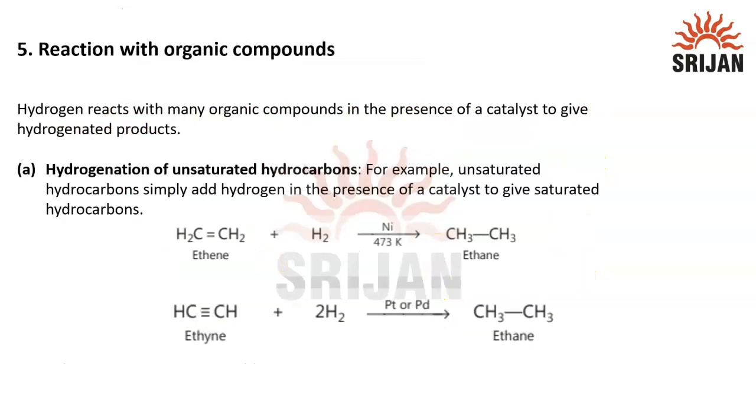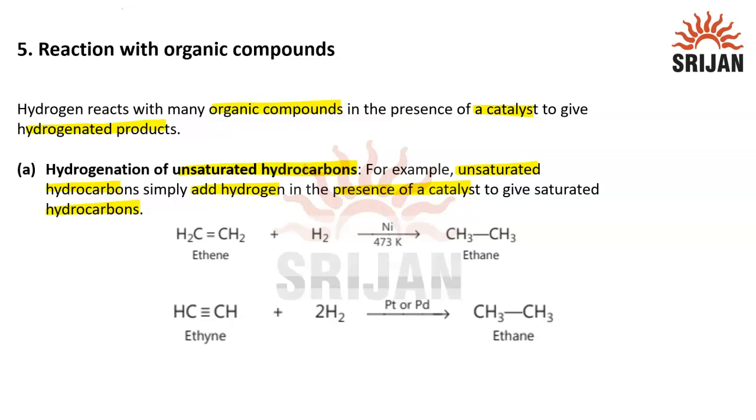Reaction with organic compounds. Hydrogen reacts with many organic compounds in presence of a catalyst to give hydrogenated products. Hydrogenation of unsaturated hydrocarbons. Unsaturated hydrocarbons simply add hydrogen in the presence of a catalyst to give saturated hydrocarbons. Unsaturated hydrocarbon is simply one which has multiple bonds, either carbon double bond carbon or carbon triple bond carbon.